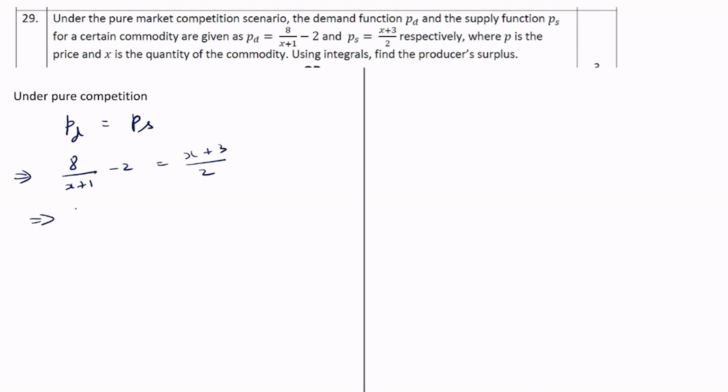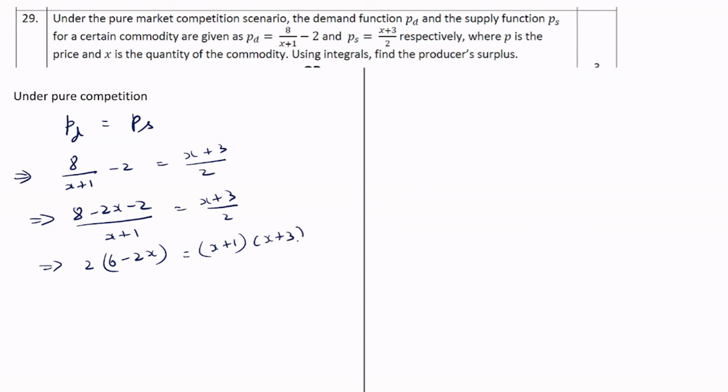Let us take LCM and simplify. 8 minus 2x minus 2 upon x plus 1 equal to x plus 3 by 2, or it is 2 into 6 minus 2x equal to x plus 1 into x plus 3. So we get 12 minus 4x equal to x square plus 4x plus 3.